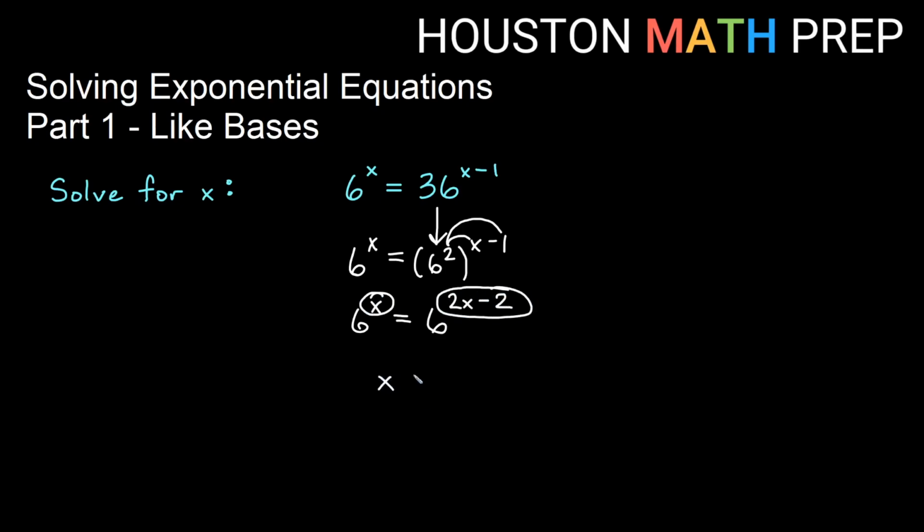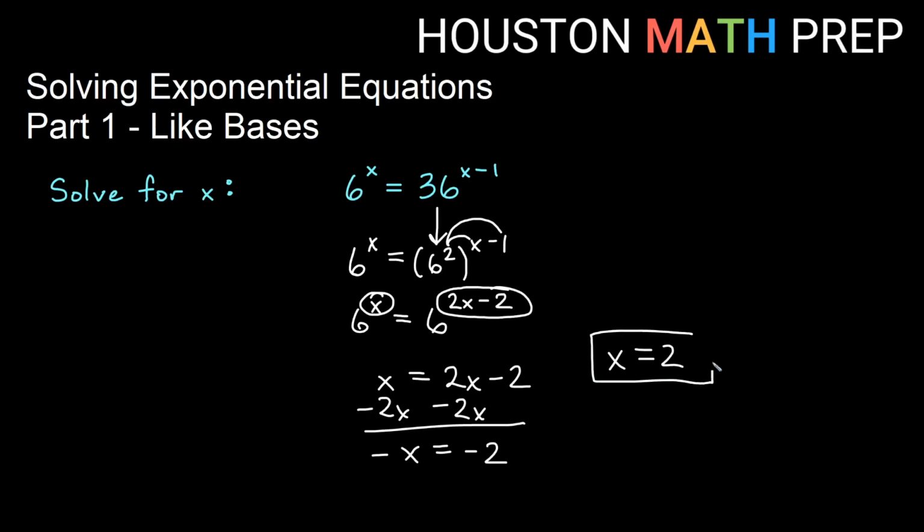So I will get x equal to 2x minus 2. If I go ahead and get my x terms together, let's say I subtract 2x from both sides, that will give us that negative x is equal to negative 2. And if I divide both sides by negative 1 or multiply by negative 1, then that will give me that x equals 2 for my answer.